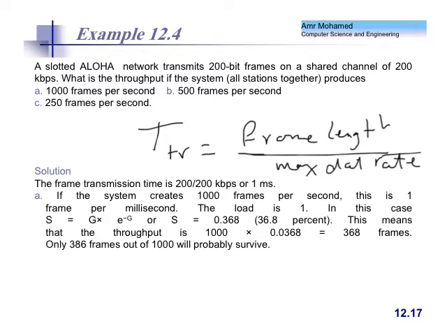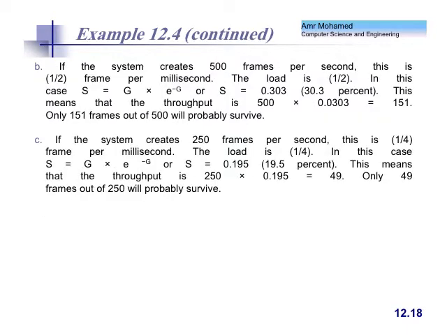Unlike pure Aloha, where the maximum throughput was at G equal 1/2, here the maximum throughput happens when G is 1. For the case of 500 frames per second, the system is half loaded. Each frame is 200 bits, so in total we have 500 times 200 bits divided by 200 kilobits per second, which gives G equal 1/2.